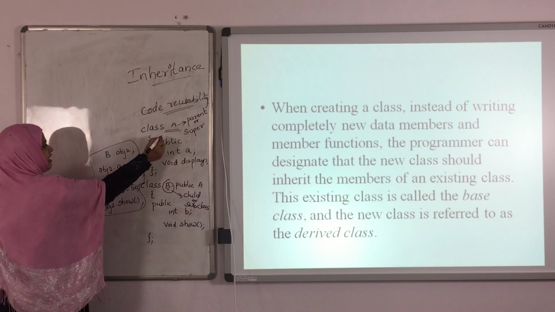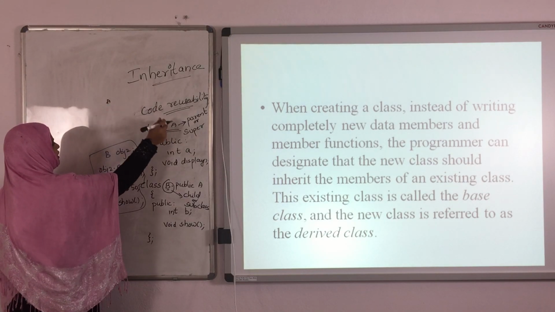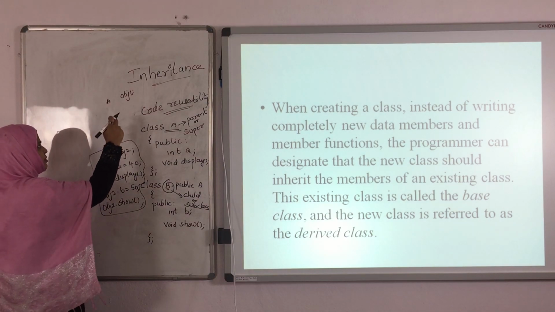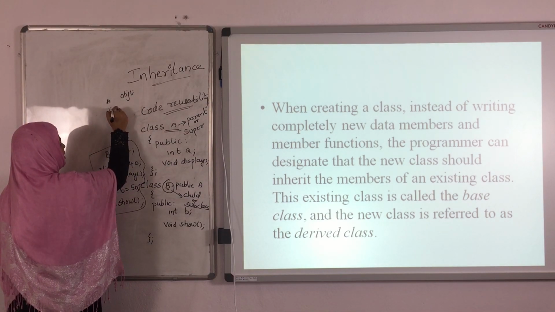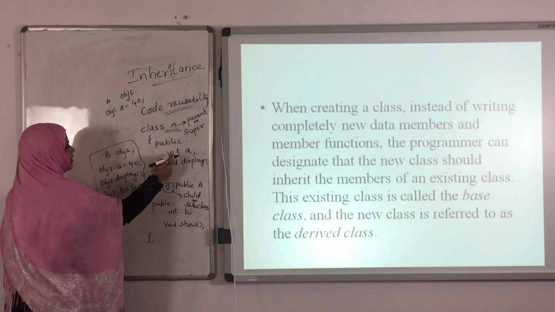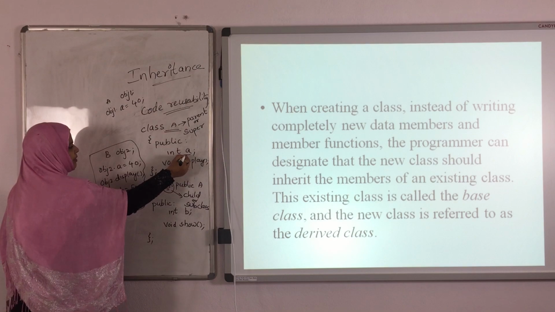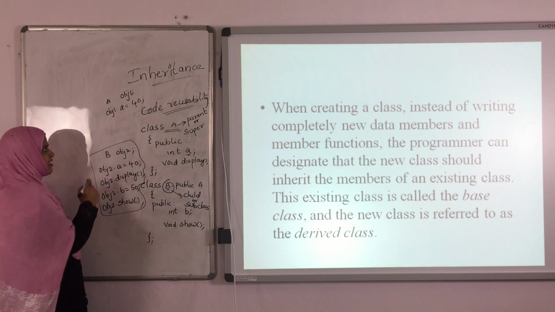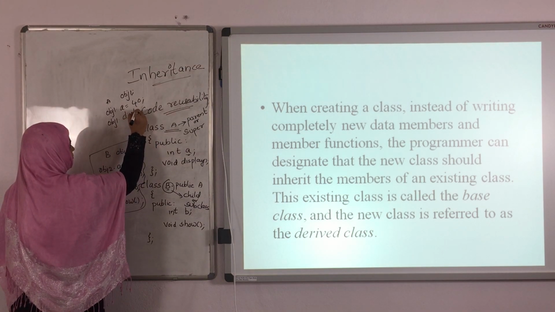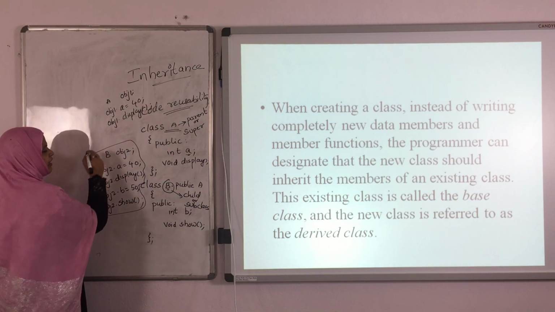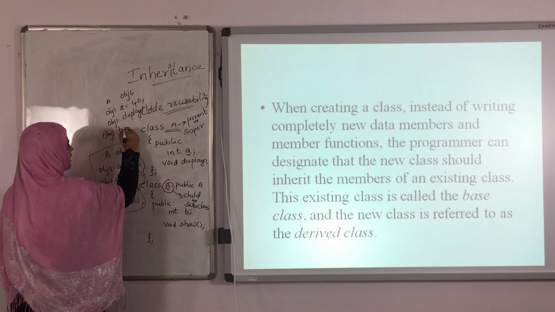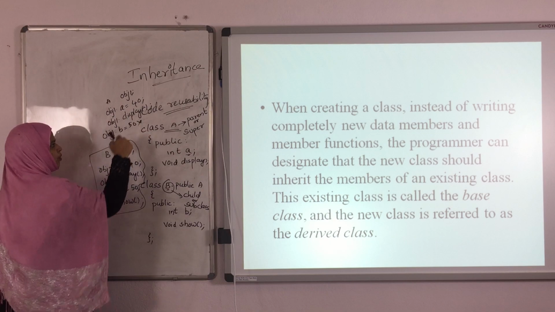And one more thing, if I create the object for class A, obj1, then by using this obj1 we can access the A value, obj1.a, because A is the data member of class A, and obj1.display. Now, is it possible to access the data members of its subclass? No. Why?